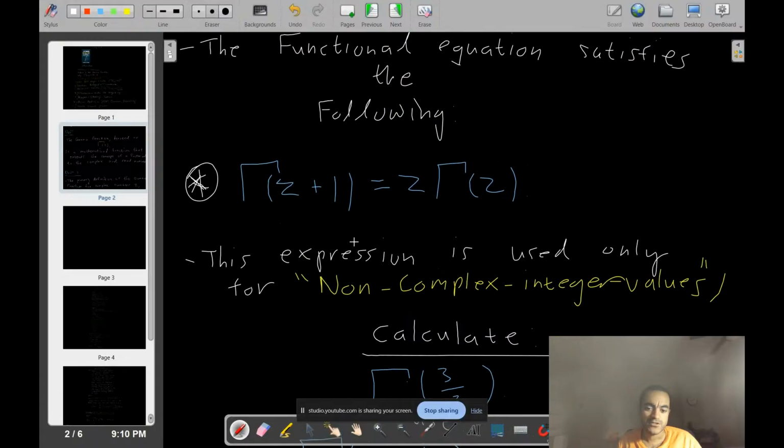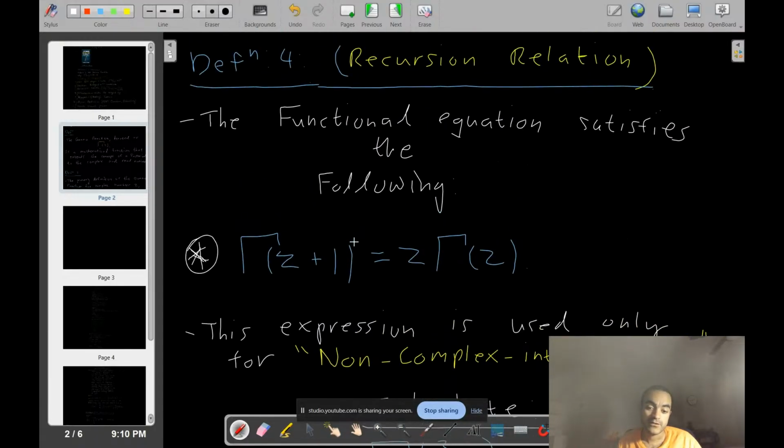The expression is only used for non-complex, non-integer values. That means it can't be a complex number, and it cannot be an integer. That's why I said non-complex integer values, so that applies for the whole phrase.